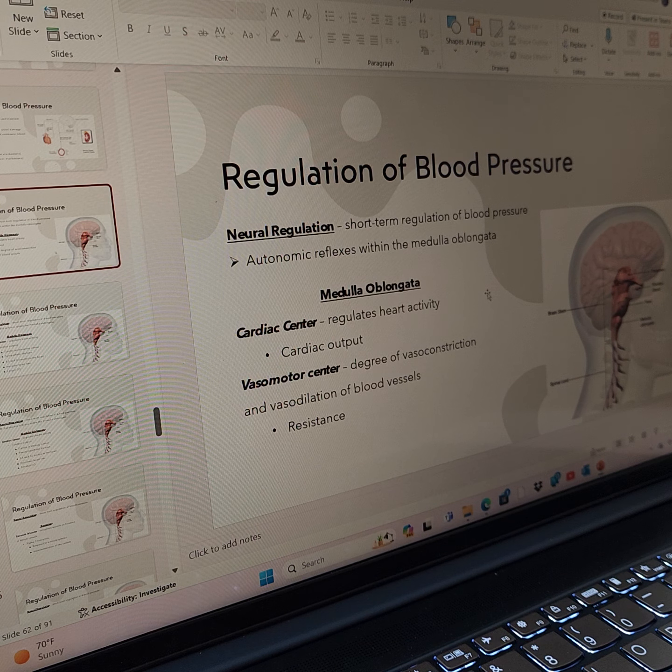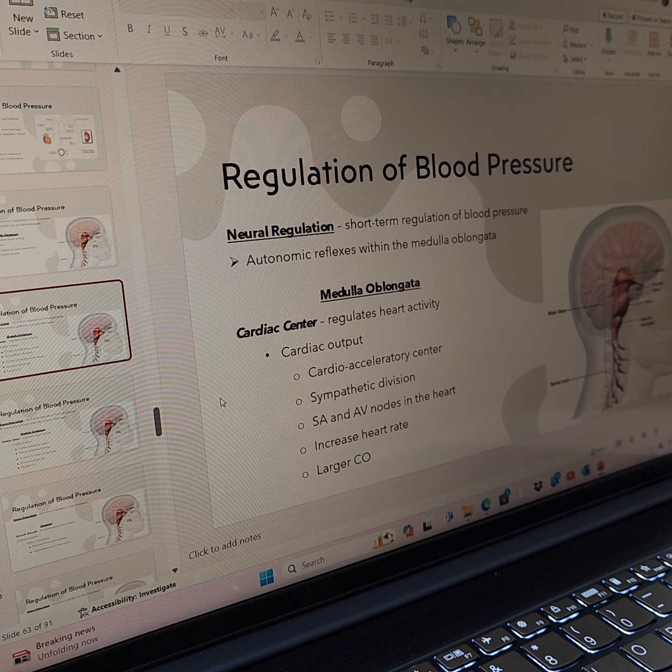So you have neural regulation, short-term regulation of blood pressure. These are the autonomic reflexes within the medulla oblongata. The cardiac center regulates heart activity and cardiac output. The vasomotor center controls the degree of vasoconstriction and vasodilation of blood vessels and their resistance.